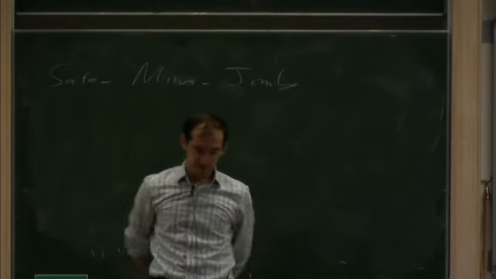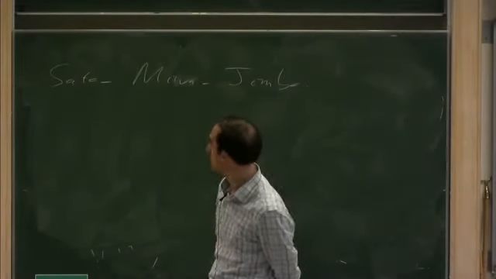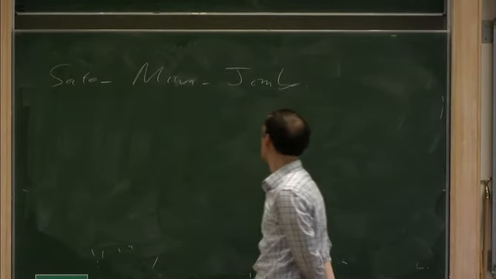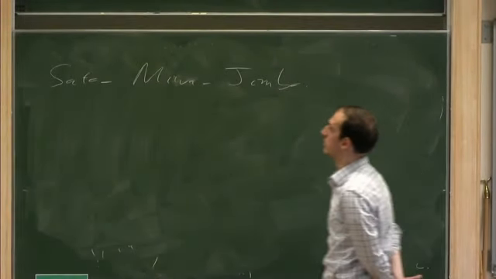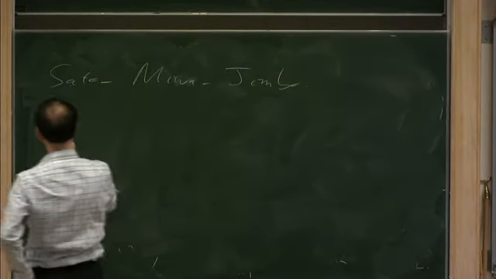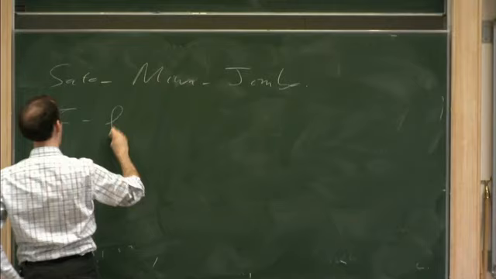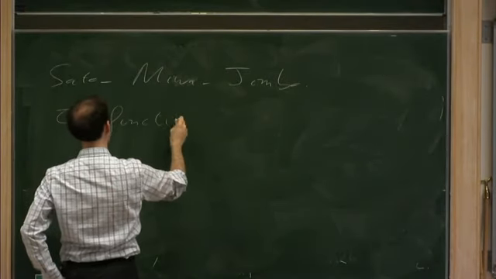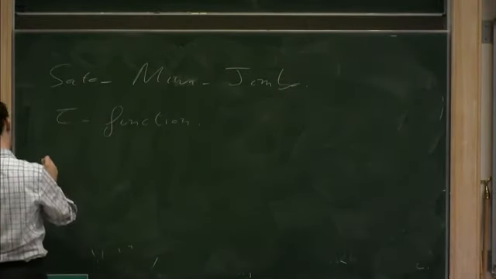Now in the 80s, Sato, Miwa, and Jimbo, in their well-known work on holomorphic quantum fields, introduced a new object, the so-called tau function.